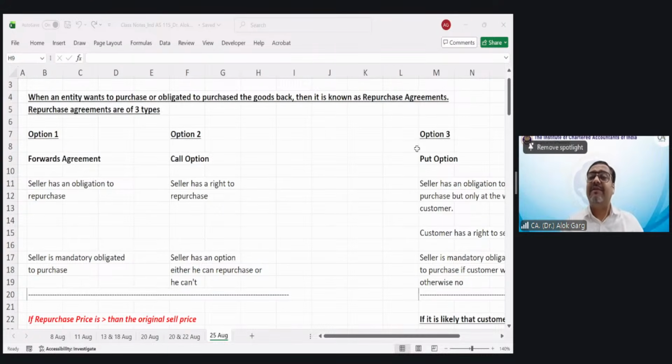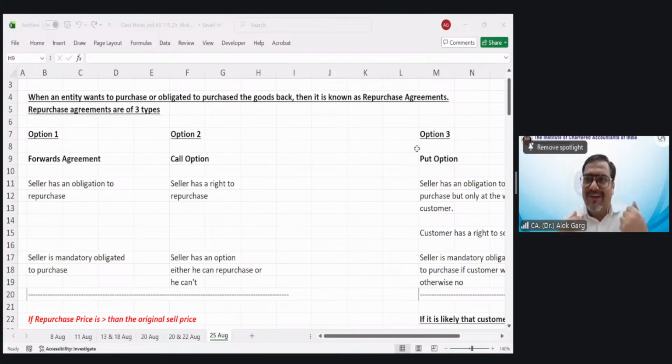Tell me, what is the difference between an obligation and a right? Obligation means mandatory; a right is a discretionary choice of the entity. So call option means option to call.